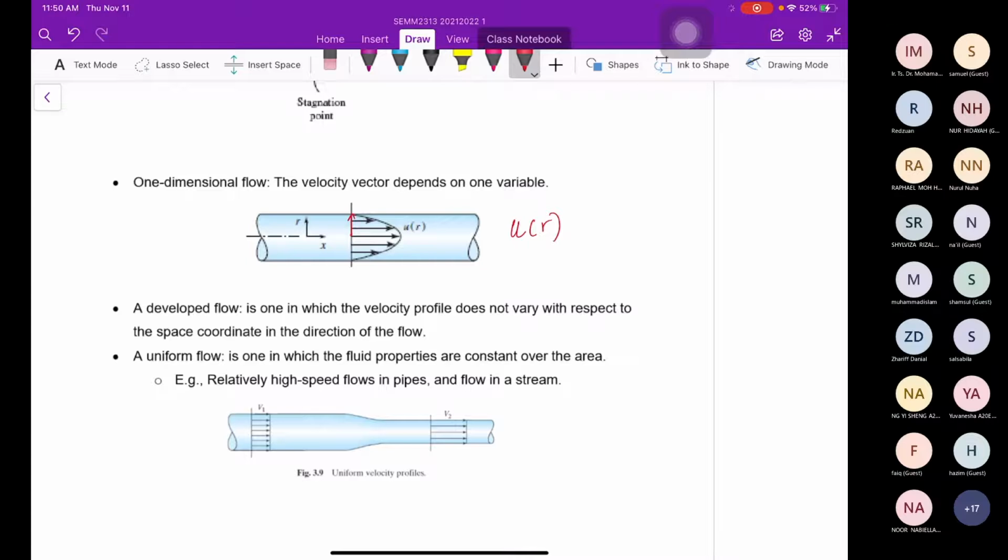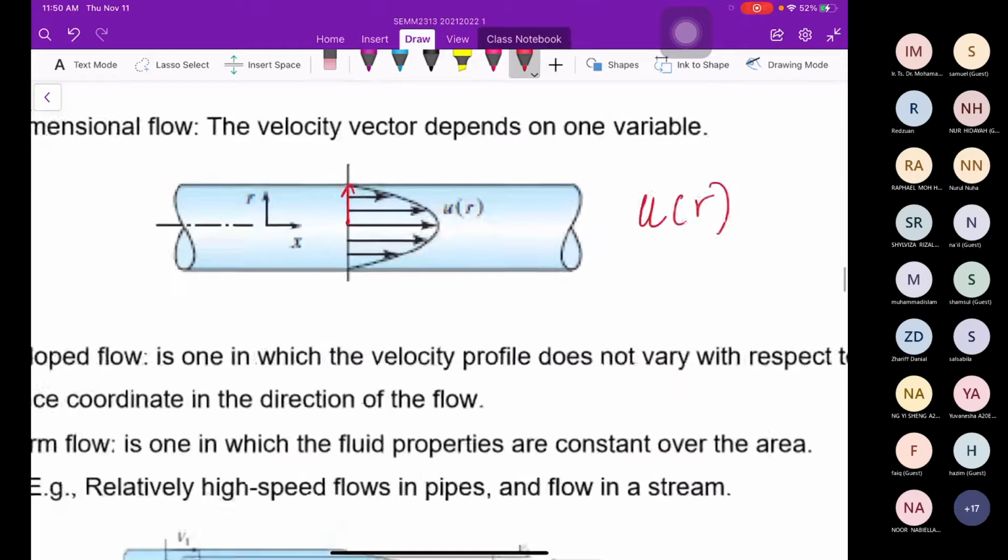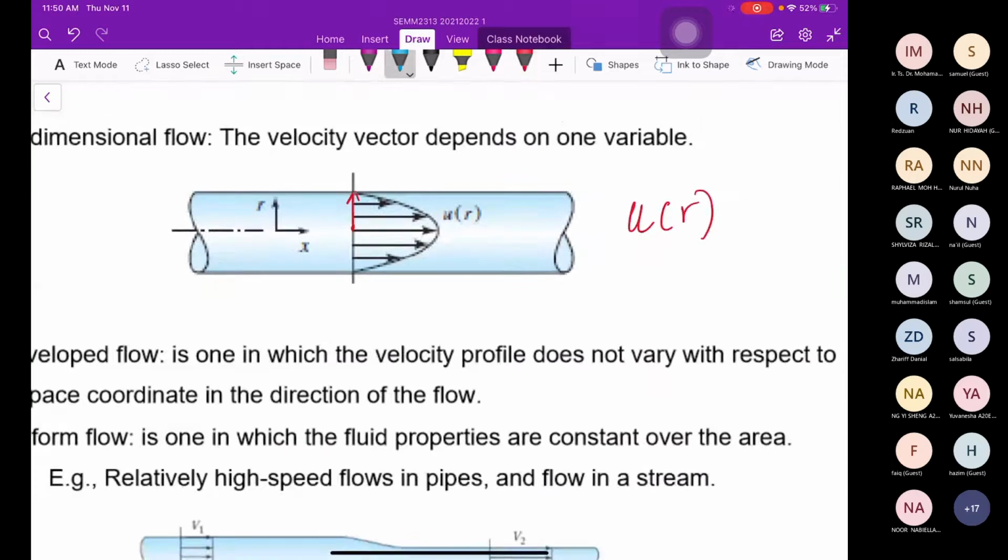So another one is what we call developed flow. So what is developed flow? Developed flow is one in which the velocity profile, so what is velocity profile? This is velocity profile. This we call a velocity profile.